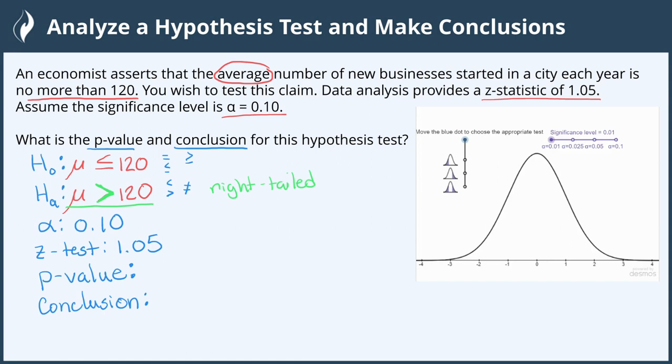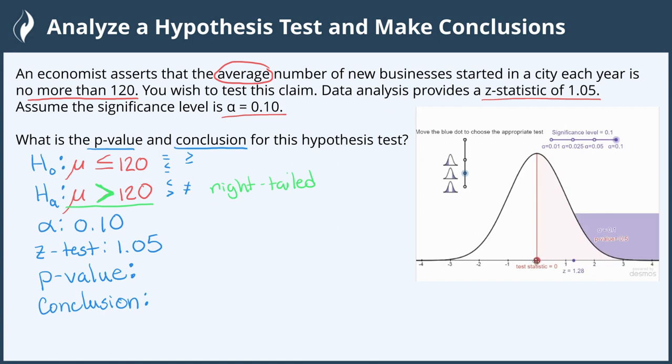Using our tool, we're going to click the button at the top to make sure we get a right tail test and move it down to make it go to the right. Then we need to change the significance level, and we were given this is 0.10. So we're going to move it over to 0.1.